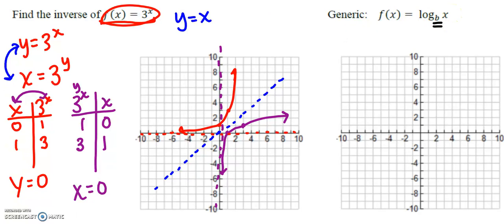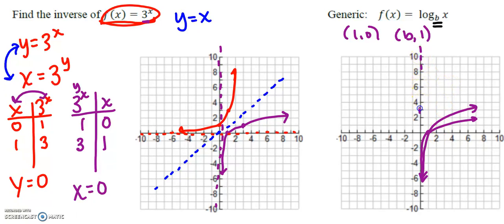So our generic log function, regardless of what this base is, we're going to think about our logarithm function, this purple function, as always going through the point 1, 0. And then it's going to go through the point base, comma, 1. So in this case, our base was 3, because we had 3 to the x. In other cases, we might have different bases. So our function might be a little bit taller, might be a little bit shorter, so to speak.